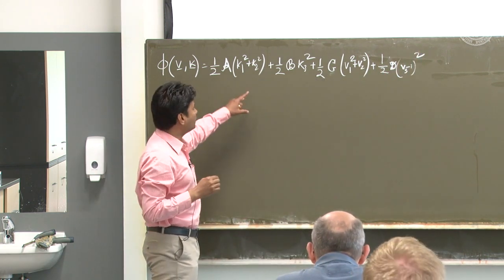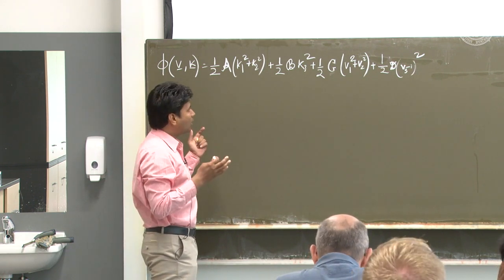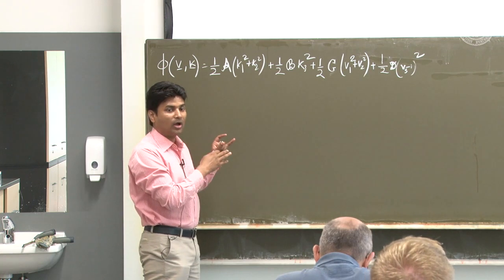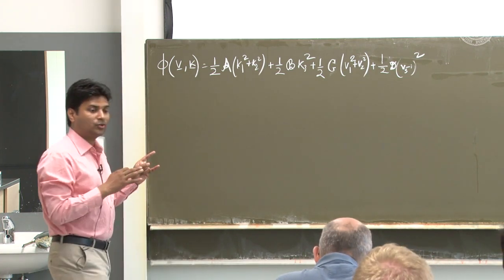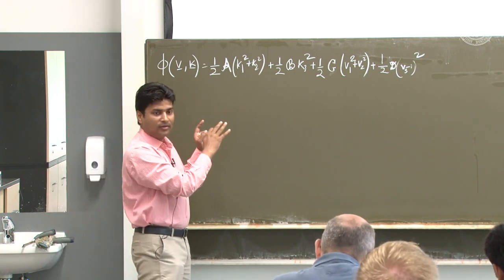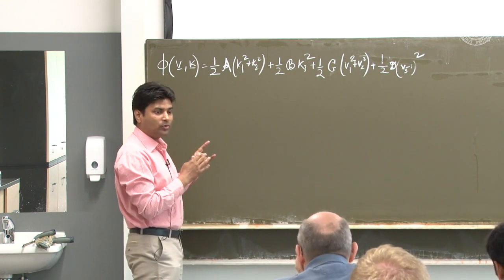So we wrote down this function, but without really thinking much, we just wrote it down. If you ask how this came up, then we don't have any answer to that as of now. How did we come to this formula? Isn't it? So we want to do this more rigorously.